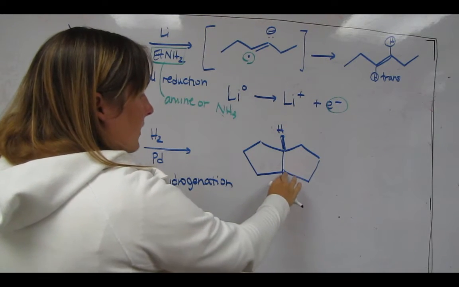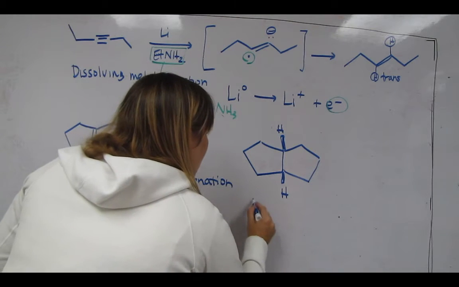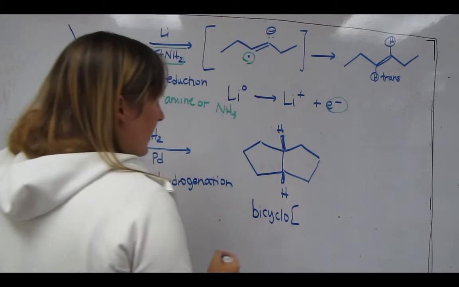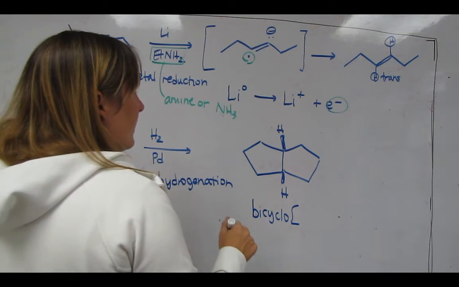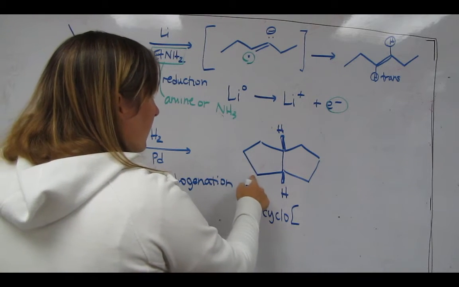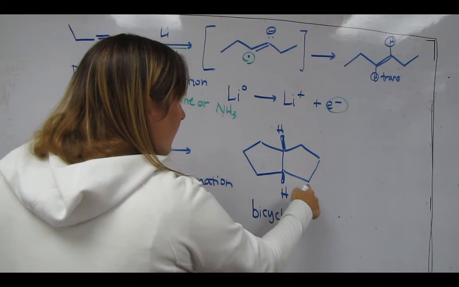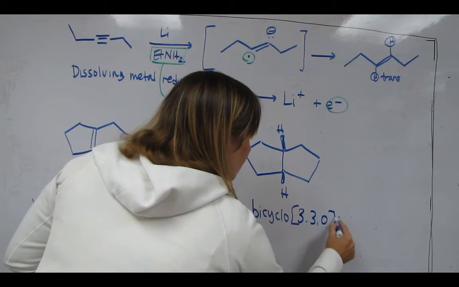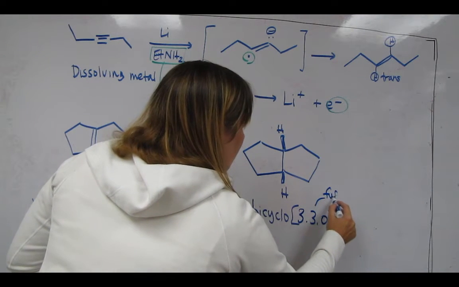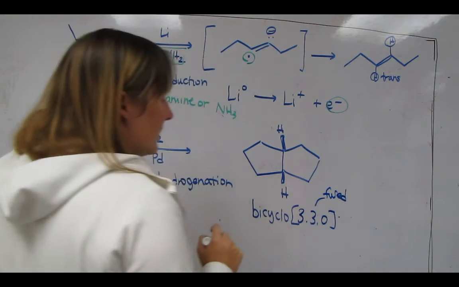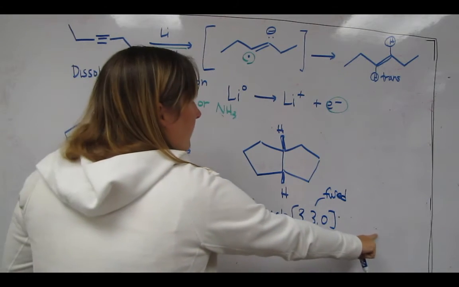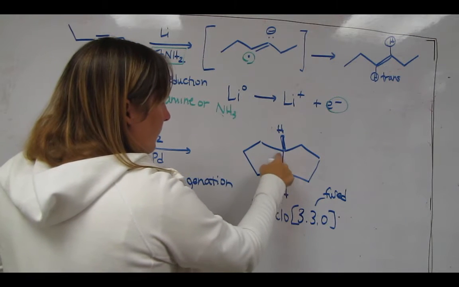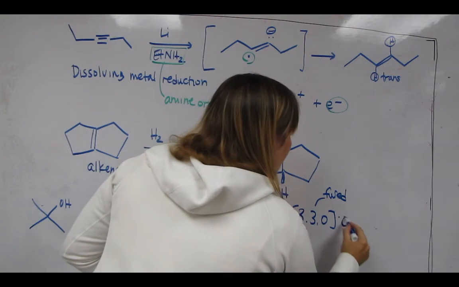It's a fused ring system, and when we name these, we put the word bicyclo out front, and then in parentheses, we put the numbers, so 1, 2, 3, 1, 2, 3, and 0. So this is 3, 3, 0. That told us it was fused because of the 0. And then the final name is the total number of carbons. So 1, 2, 3, 4, 5, 6, 7, 8, octane.